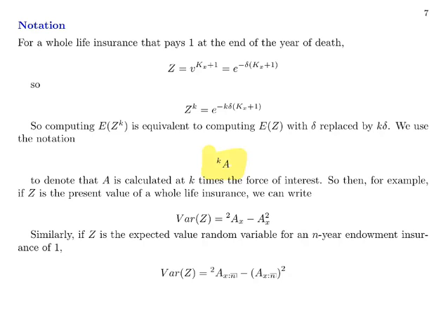A pre-superscript of k means that it's whatever A we're computing, but with delta replaced by k delta. Right? So for example, if I want the variance of the present value of a whole life insurance, then I'm going to compute that as 2Ax minus Ax squared using our formula for the variance, and similarly for other insurances.